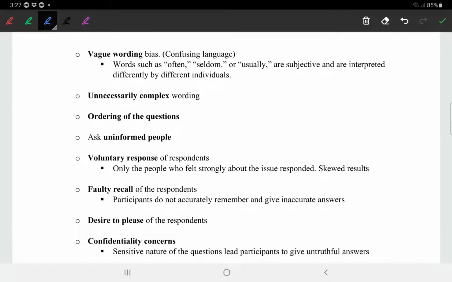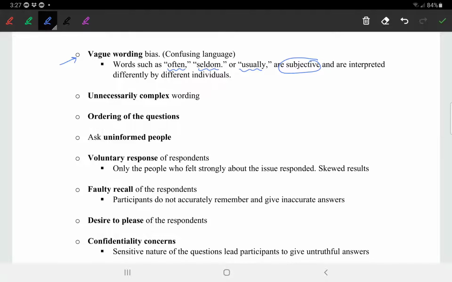We also have to worry about vague wording bias, or confusing language. Often, seldom, or usually are very subjective terms. Your often might be more frequent than my often. It's just interpreted differently by different individuals.